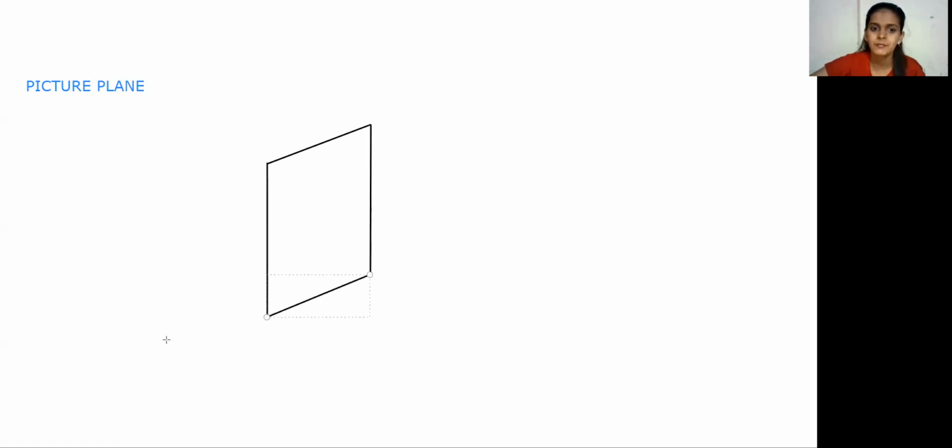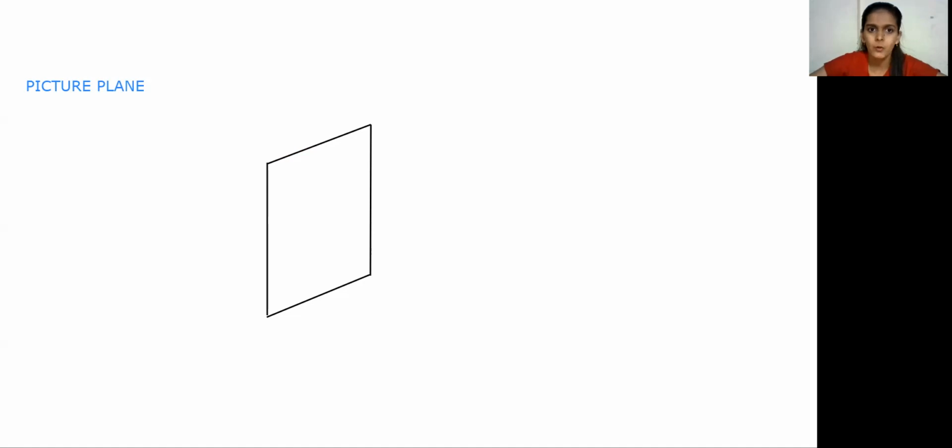Let me draw a two-dimensional plane. Consider this plane as a picture plane. So now, the perspective view of any object will appear on this plane.